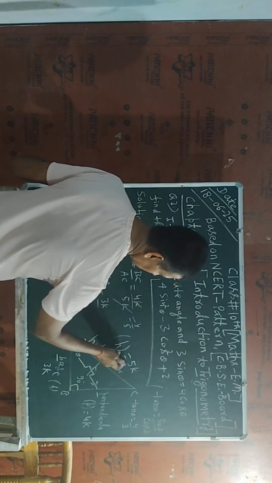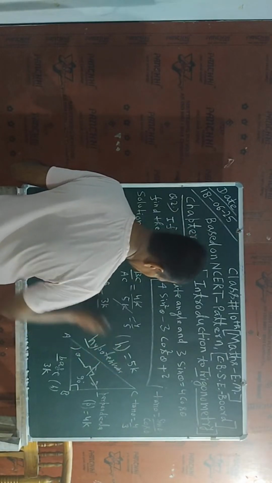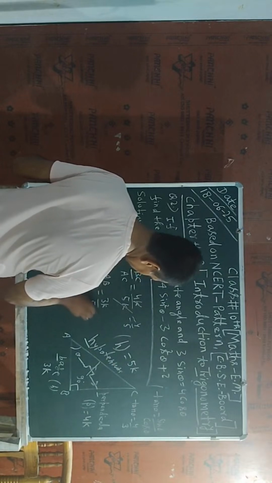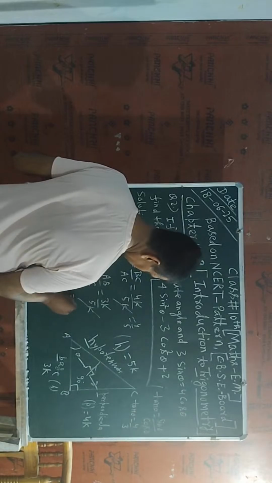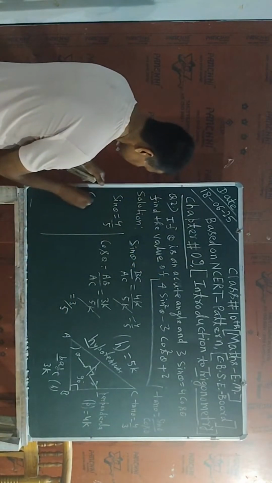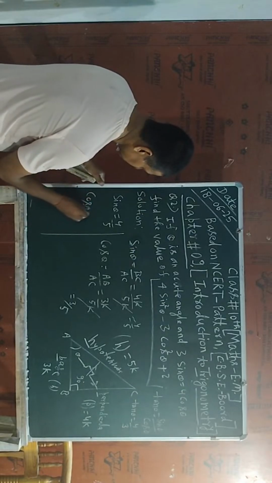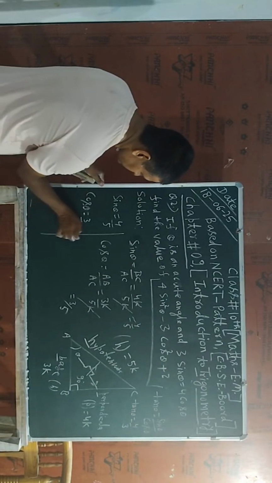I have also got the value of hypotenuse, that is 5k. So here I will put 5k. Now k is cancelled out. So its value will be 3 divided by 5. Now cos theta is 3 divided by 5.